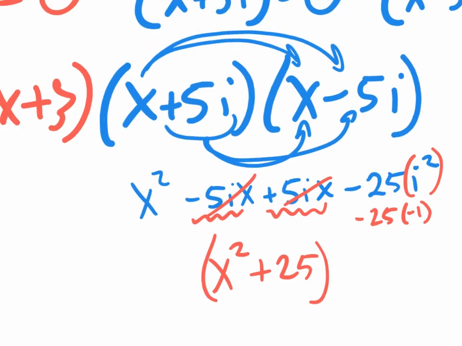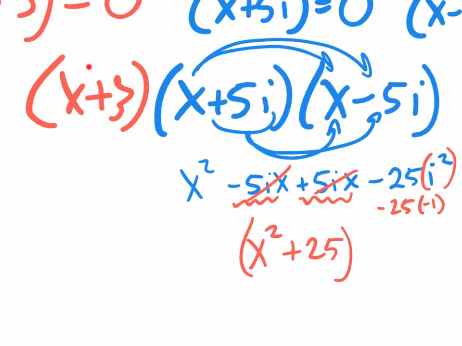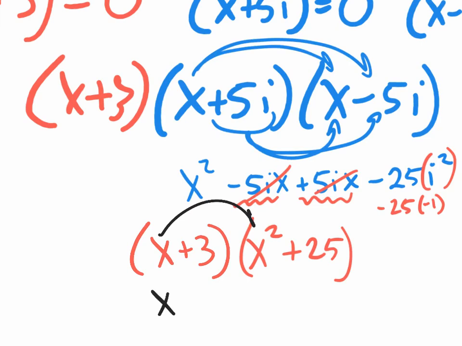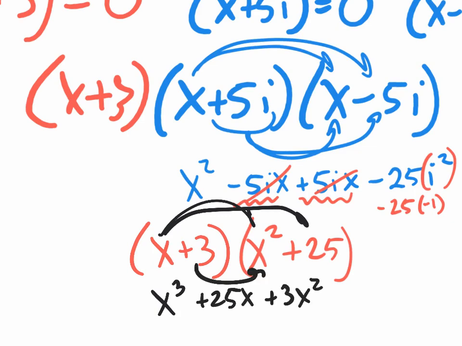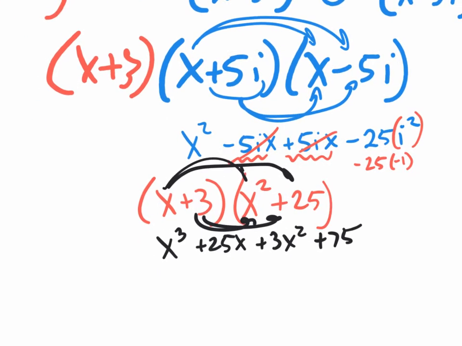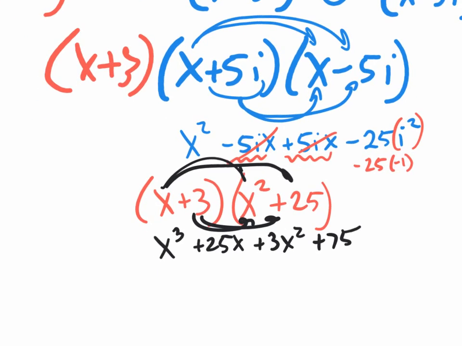So we're not done yet. We still need to bring down the other binomial that we had over here, the x plus 3, and distribute there. X times x squared, that's x to the third. X times 25, that's 25x. 3 times x squared is 3x squared. 3 times 25 is 75. The only thing to do here is to rewrite it in order.